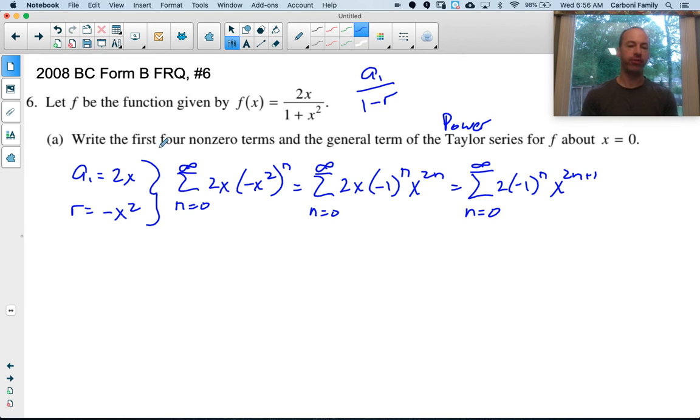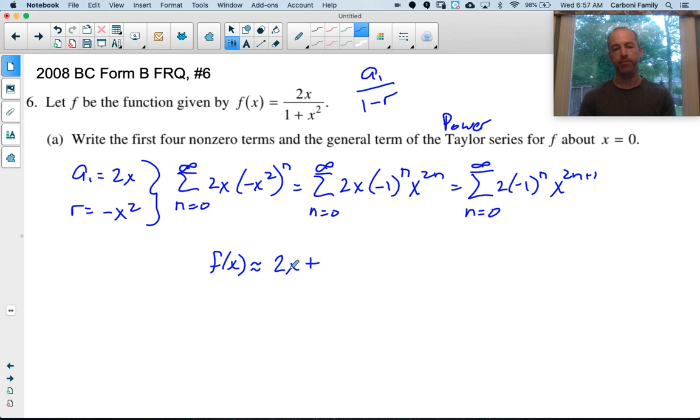However, they did ask for the first 4 non-zero terms and the general term. So my first 4, I'm going to say f of x is approximately, a Taylor series is an approximation for the function. The Taylor series for this would be, and I start plugging in my values of n. So my first term would be 2 times negative 1 to the 0 times x to the 0 plus 1. So the first term is 2x, which I knew way over here.